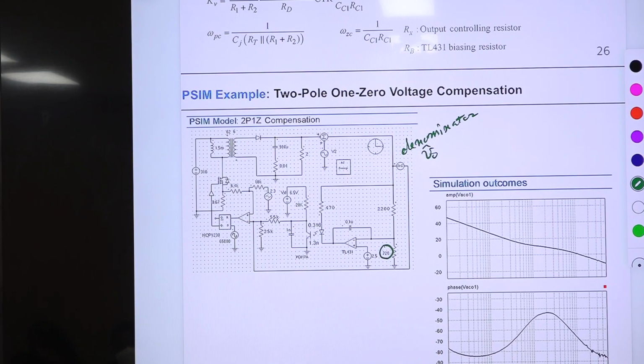The numerator is... FVS is... Control to voltage feedback compensation: the input is the voltage disturbance, and the output is the disturbance in control voltage. So this is the measurement setup to measure this voltage feedback compensation.